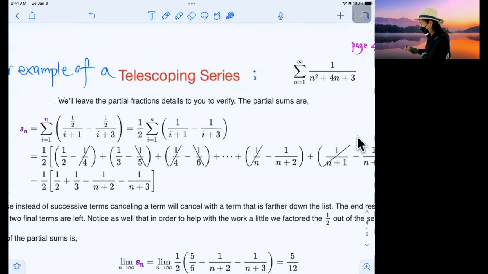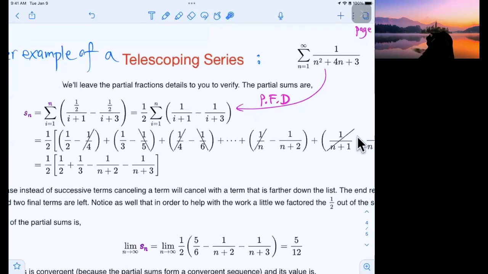Well, what do you do first? We need to do the partial fraction decomposition first, right? So when we do the partial fraction decomposition, I come up with this. So from here to here, you do the partial fraction decomposition. Okay, you got this one.